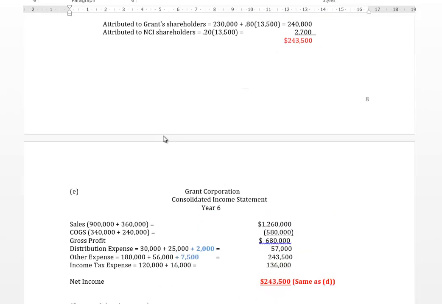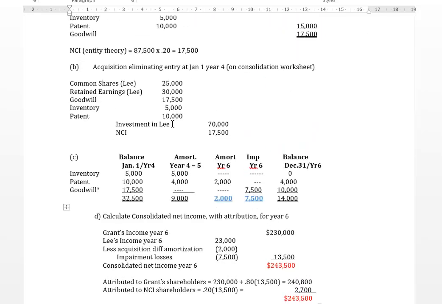So if you go back to what we did there in that very important schedule, you'll see that we started with an acquisition differential of $32,500 and we allocated it in part of what we amortized in the increment for inventory and patents over years 4 and 5, and then what we also amortized in year 6, which is $2,000 on the patent, and then of course we had an impairment loss on goodwill.